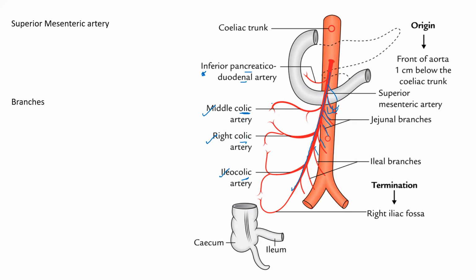The middle colic artery will divide into a right branch and a left branch. This left branch will anastomose with the branch coming from the inferior mesenteric artery. The right colic artery will divide into an ascending branch, which anastomoses with the middle colic artery, and a descending branch that will anastomose with the ascending branch of ileocolic artery. The descending branch of ileocolic artery is very important.